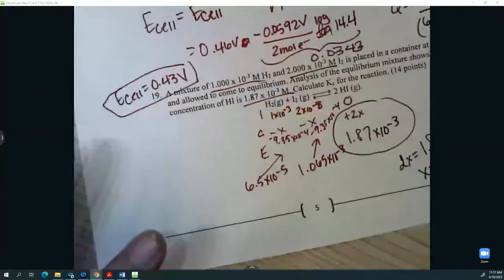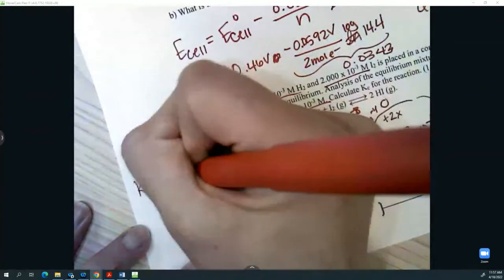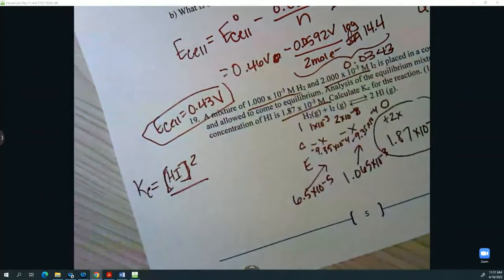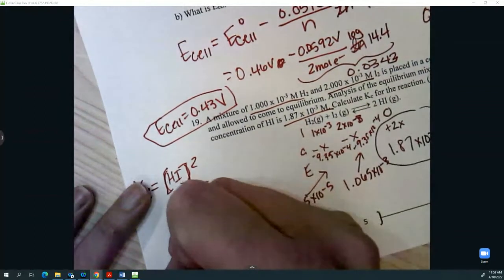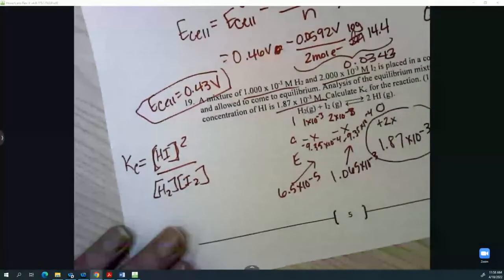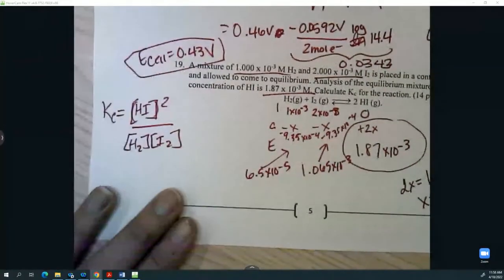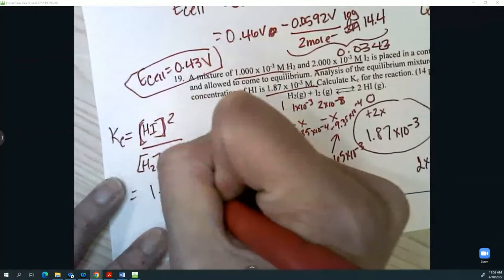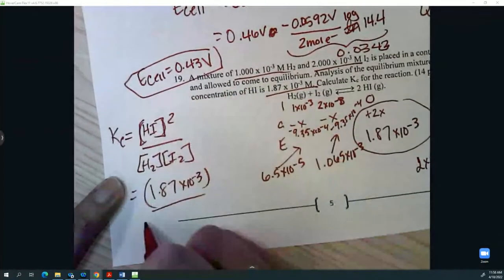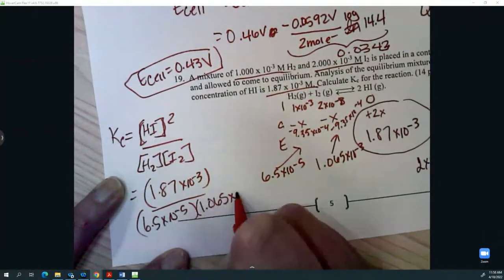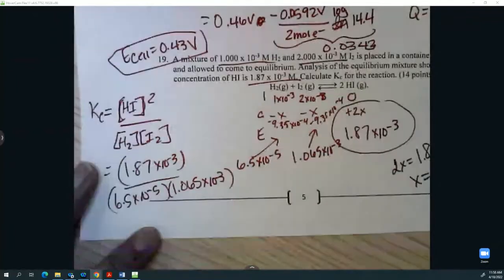So now I'm ready. I just need to write my equation. Products on top. Sorry. Reactants on the bottom. And I don't know what K is. That's what I'm trying to figure out. So now I just put in these numbers from here. 1.87 times 10 to the minus 3. 6.5 times 10 to the minus 5. 1.065 times 10 to the minus 3.